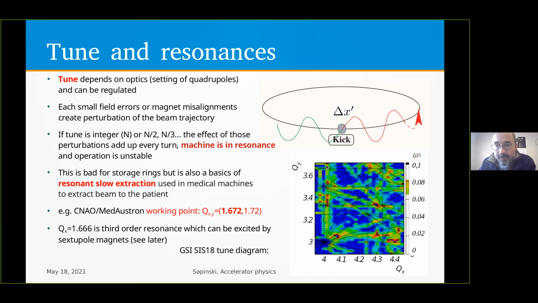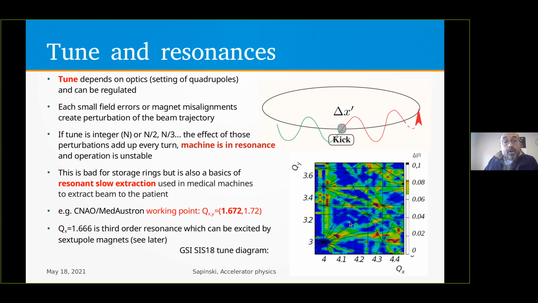Actually, this is a measurement, and what you think is the theoretical value, and this is the real line, which is right next to it. It only shows that in this particular measurement, our model of the machine was not very good. But you cannot operate the machine at certain tunes, okay? The blue areas are the areas where you can operate your machine. So this is bad, but this is also good.